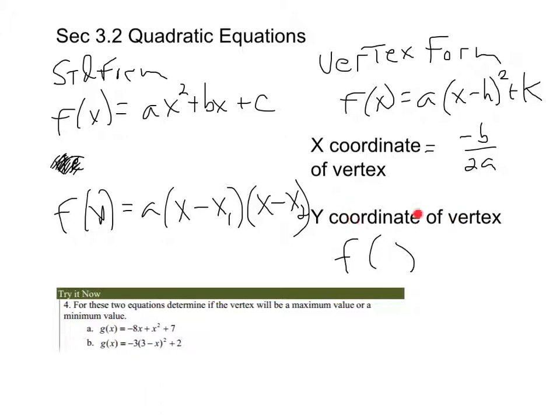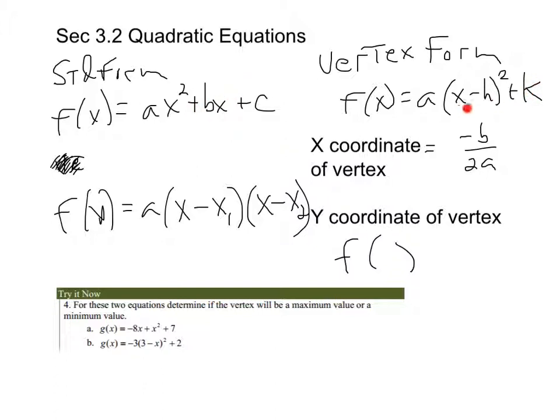If you have to find the y coordinate of the vertex, you just take that value and evaluate it. Whichever form you have, it's probably in this expanded, standard form, you're going to take that x, drop it in, and evaluate your function, and that'll be the y coordinate of your vertex. You write that as a point.